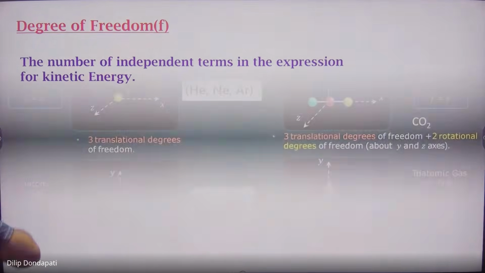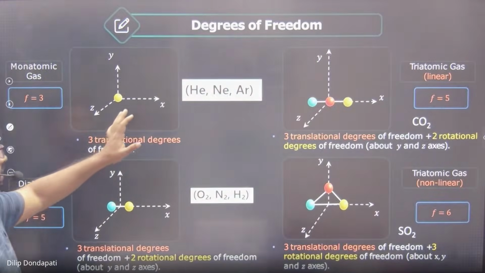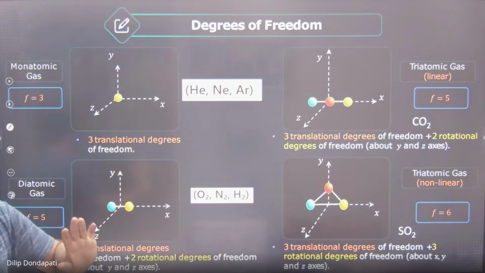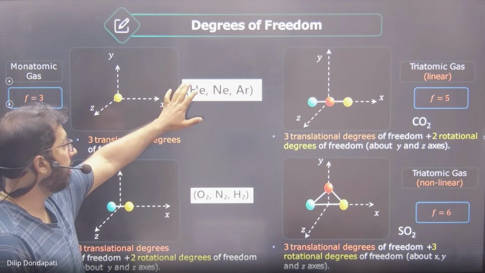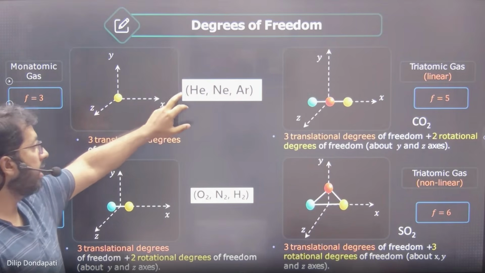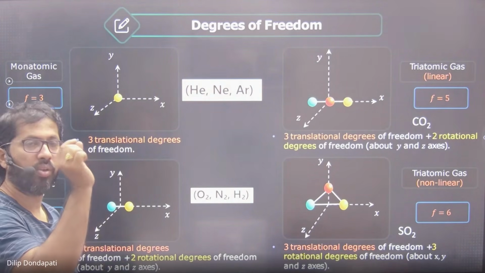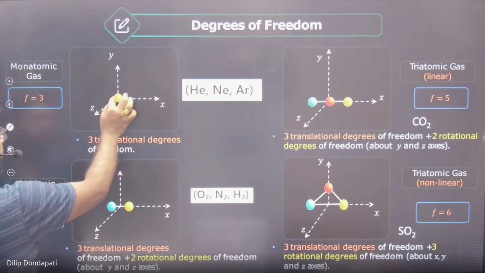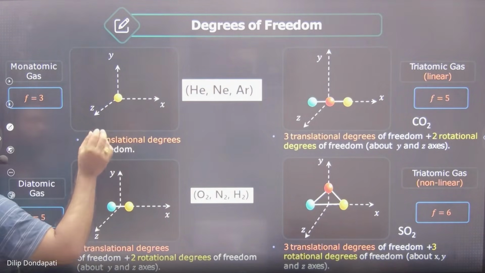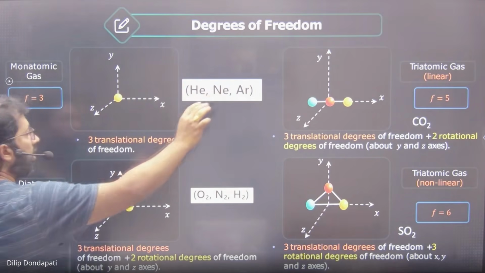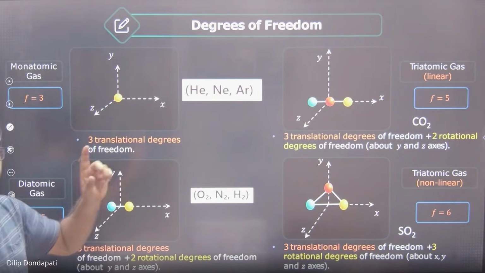Now, for degree of freedom, we are looking at different gases. One is the monoatomic gas. Examples are helium, neon, argon. Monoatomic means there is no molecule, only one atom. This atom can move along the x direction, so kinetic energy will be there in x direction.